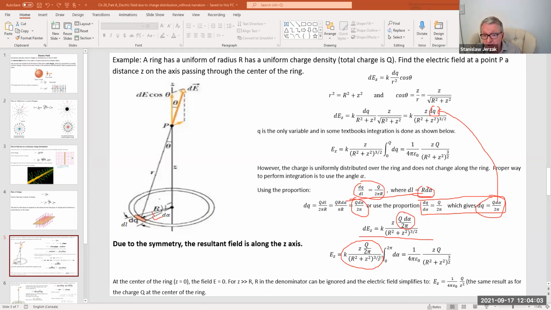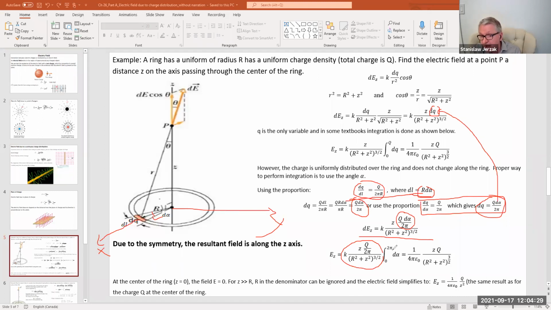And the limits of integration are, alpha will change from 0. Let's say, if this is my x direction, and this is y, and I measure that angle from this, then alpha will increase from 0 to 2 pi. So limits of integration will be 0 to 2 pi over d alpha. And integral d alpha is alpha, of course.